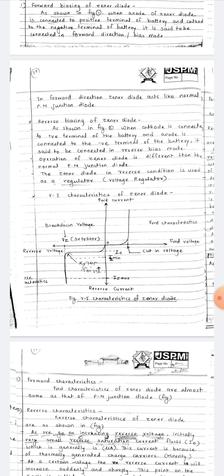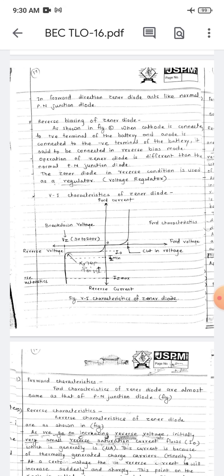The voltage at which the current starts increasing or achieves the peak value is called the cut-in voltage. Also in reverse biasing, we see that we have achieved a sharp cut-off voltage. Initially we increase the reverse voltage. After some voltage we get the increased current. That voltage is called the breakdown voltage.